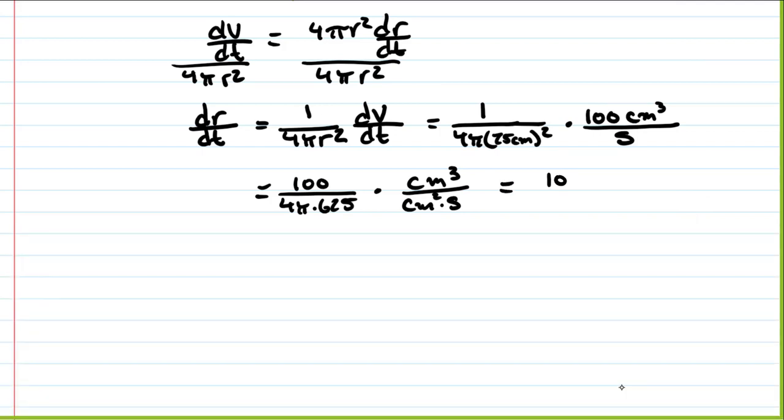So we get 100 over 2,500 pi. And then here, the centimeters squared reduces with the cubed to leave just centimeters over seconds. Which makes sense because we're trying to find the rate of change of the radius, which is a derivative, which should have units of velocity, which would be centimeters per second. So finally, 100 and the 2,500 reduce to give us 1 over 25 pi centimeters per second.